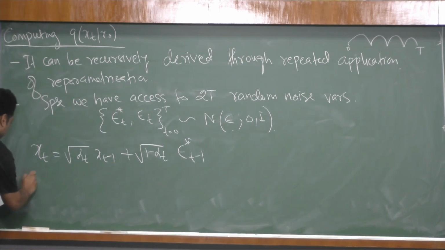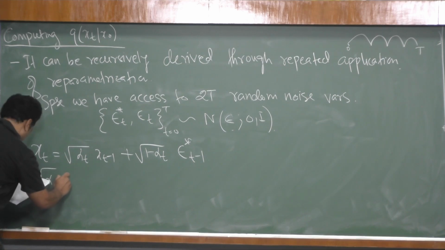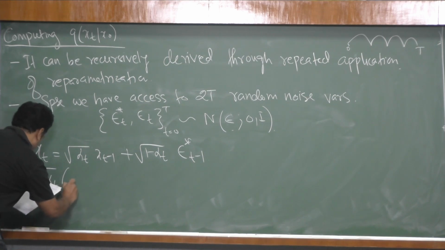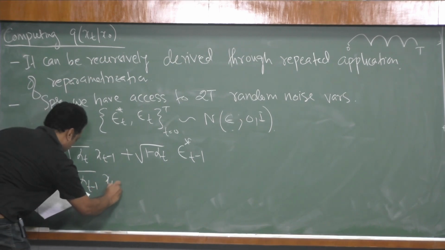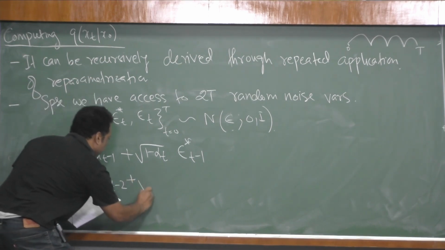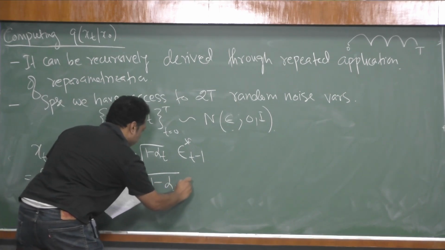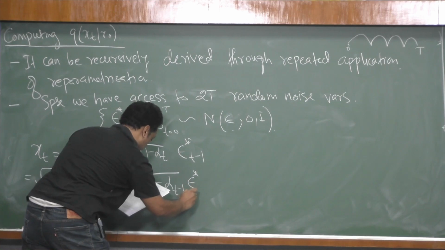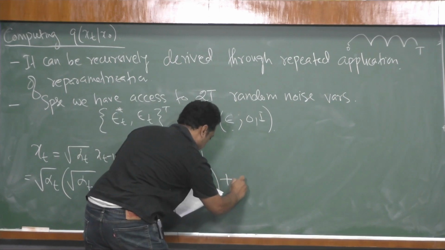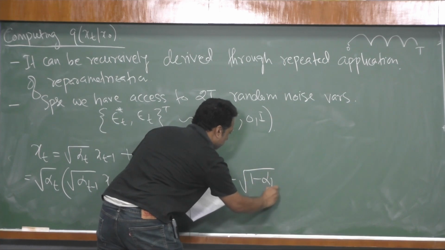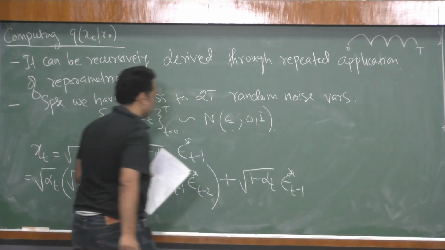Then this becomes square root of alpha t times square root of alpha t minus 1 xt minus 2 plus square root of 1 minus alpha t minus 1 epsilon star t minus 2, plus square root of 1 minus alpha t epsilon star t minus 1.